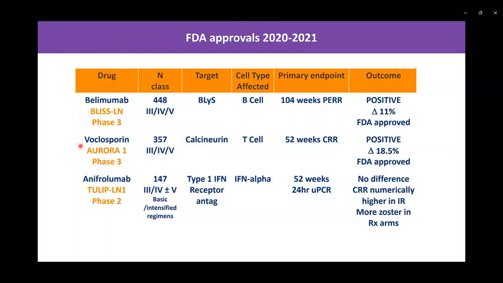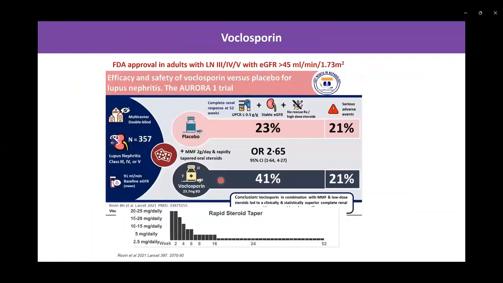Voclosporin is a calcineurin inhibitor, and in the Aurora 1 trial, voclosporin, when added on to MMF and prednisolone, showed a positive outcome with an effect size of 18.5% at 52 weeks of follow-up. Anifrolumab is a type 1 alpha antagonist and has been FDA approved for lupus. So voclosporin is FDA approved in adults with class 3, 4, and 5 lupus nephritis with an eGFR of more than 45.